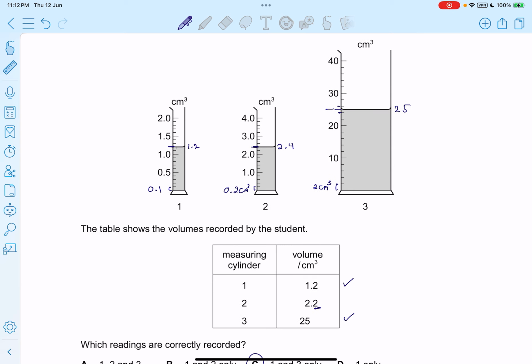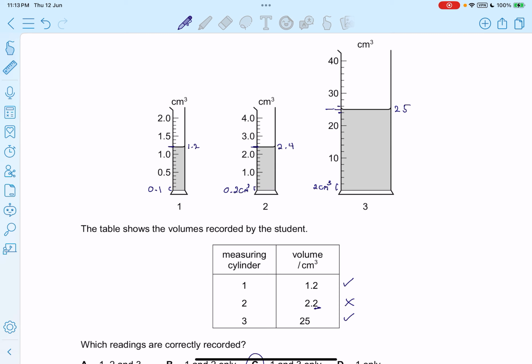So the point where the lower meniscus is showing is 1.2 cm cube, and for number 2, each division is 0.2 cm cube, and the lower meniscus is here, so its volume is 2.4. So number 1 is matching with the one that they gave, but number 2 is not matching, so this is wrong.